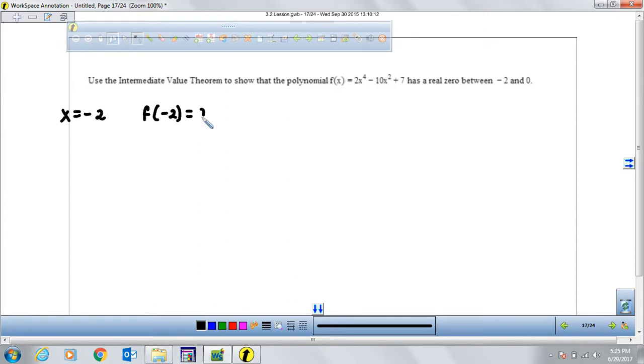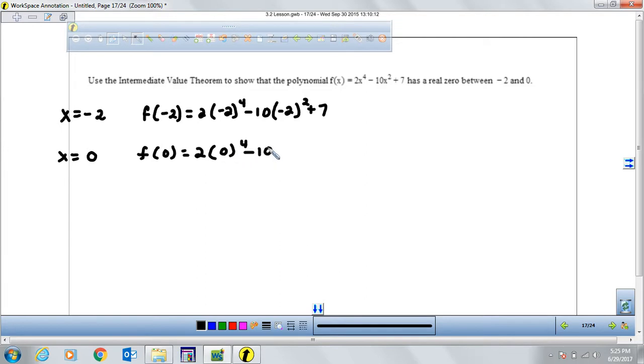So f of -2 equals 2 times -2 to the 4th power minus 10 times -2 squared, plus 7. Likewise, we have to find the y value when x is equal to 0. So f of 0 equals 2 times 0 to the 4th power minus 10 times 0 to the 2nd power, plus 7.